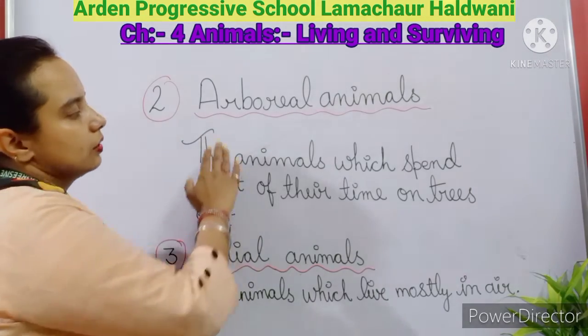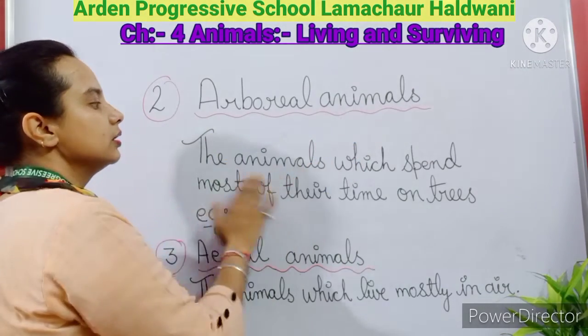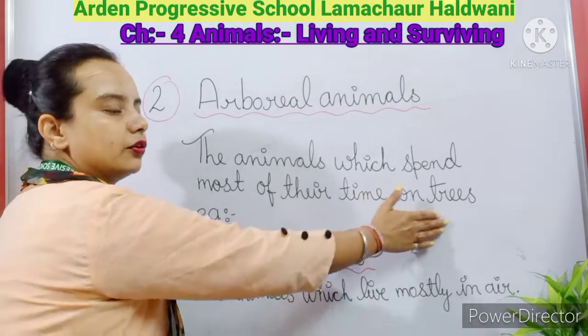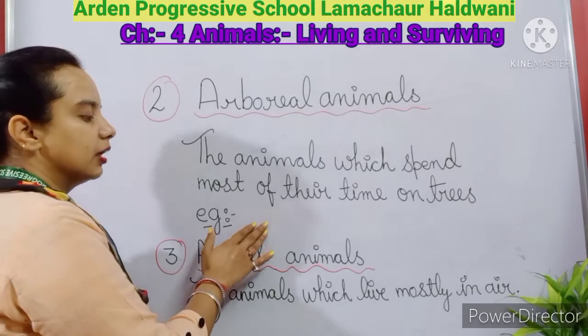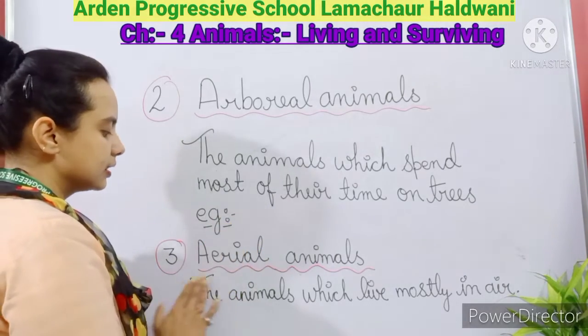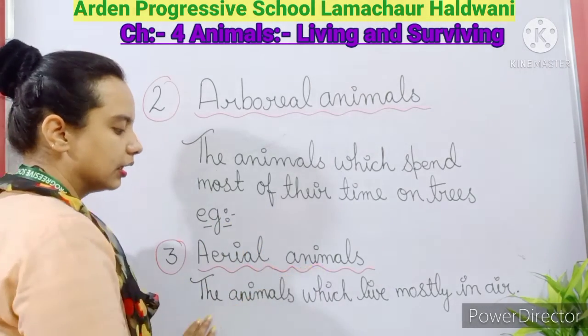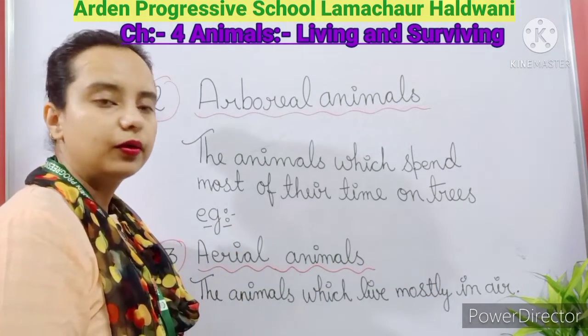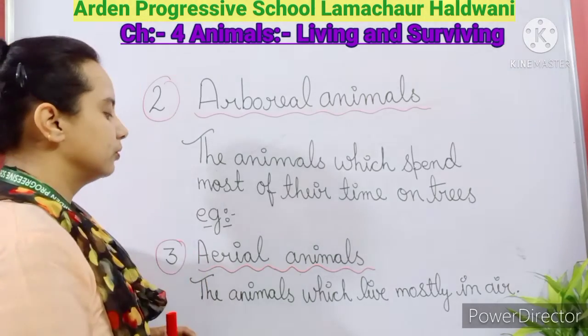Okay, so I hope you understood the arboreal animals, the animals which spend most of their time on the trees. The example I have told you. Next is the aerial animals, the animals which live mostly in air. So now let's move to the next.